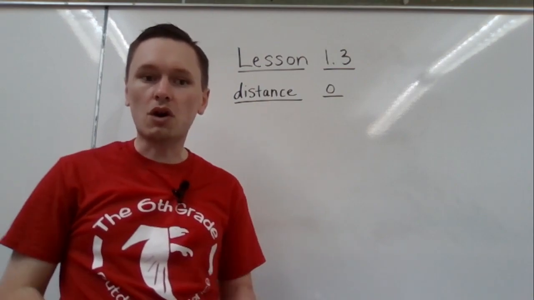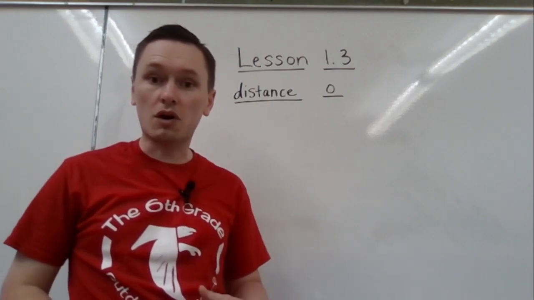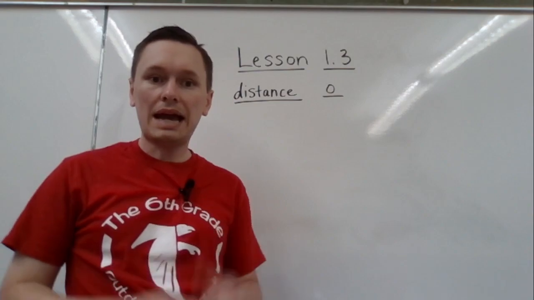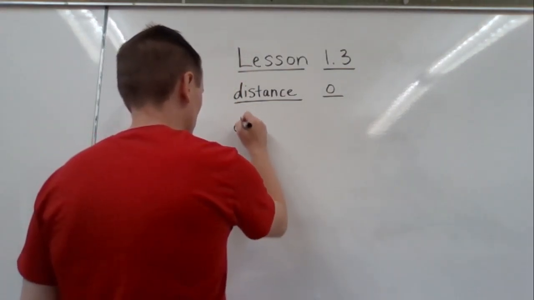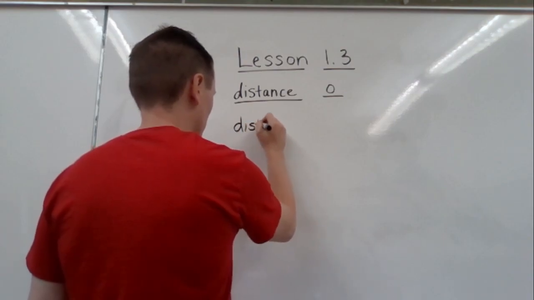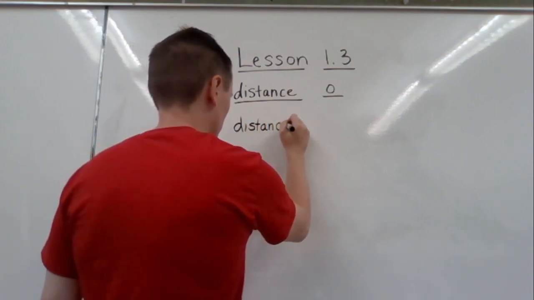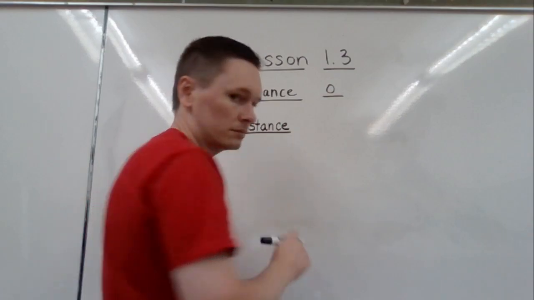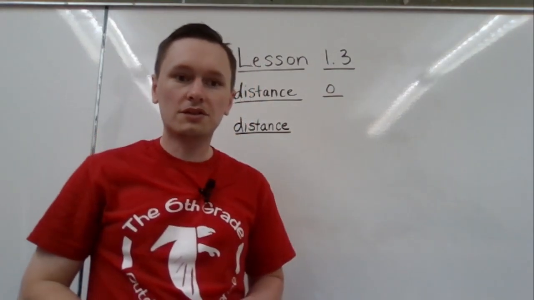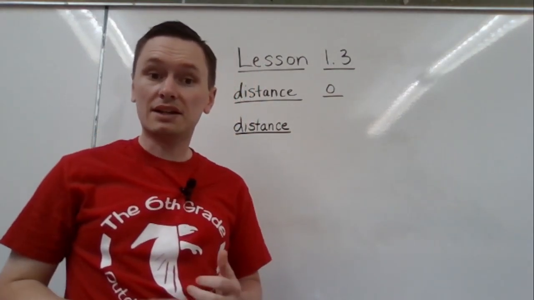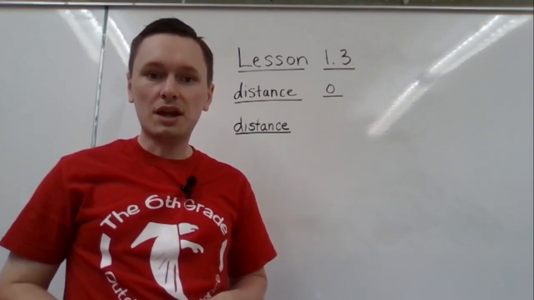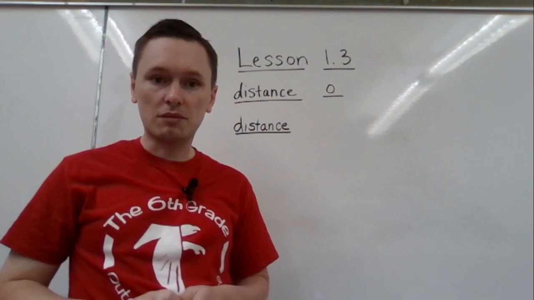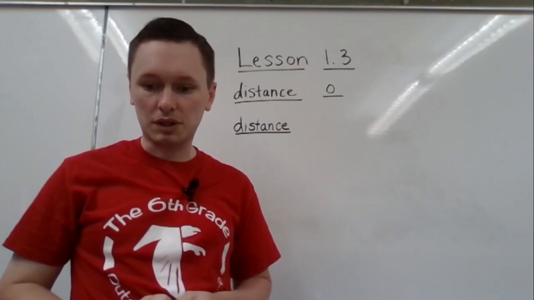Absolute value is always non-negative, so it's always a positive number and is useful for representing distance. So the exact definition for absolute value is the distance a number is from 0 on a number line.